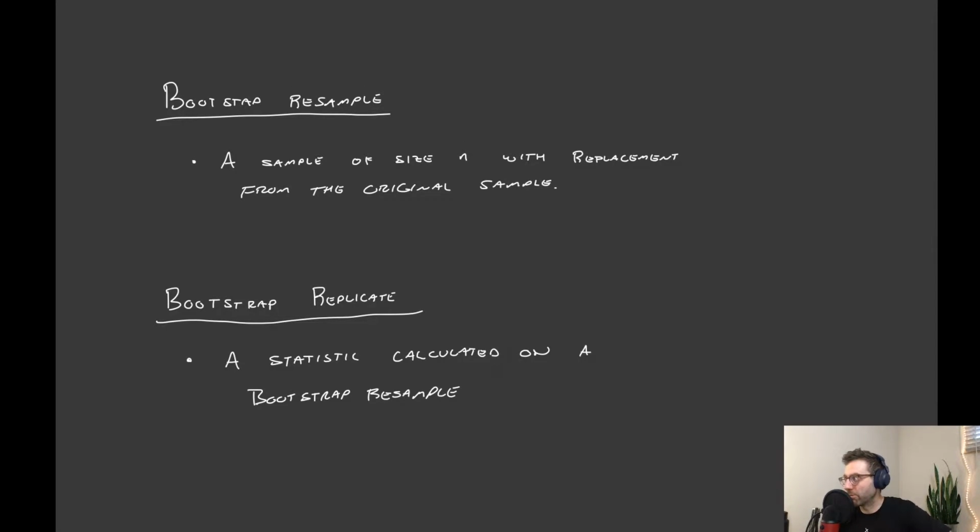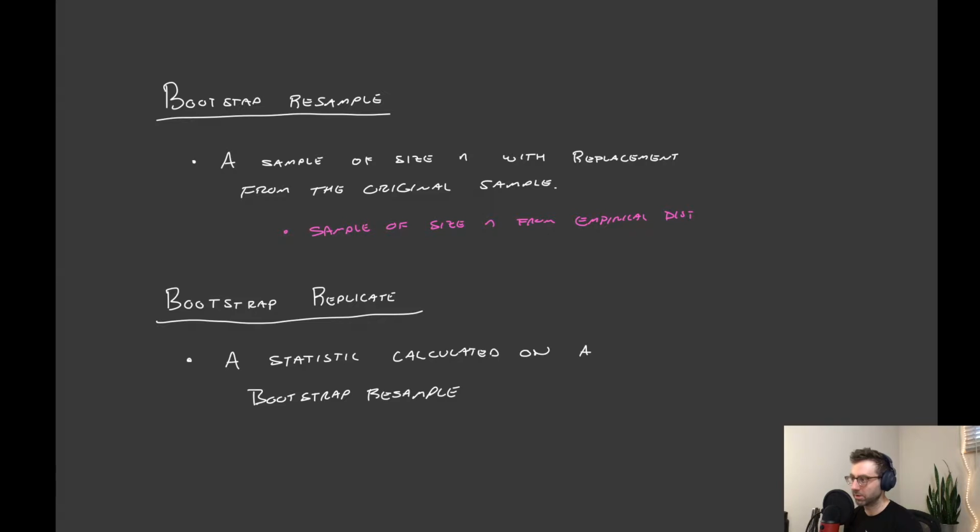A Bootstrap resample is a sample of size n with replacement, that's the important part, from the original sample. This is the same as taking a sample of size n from the empirical distribution.